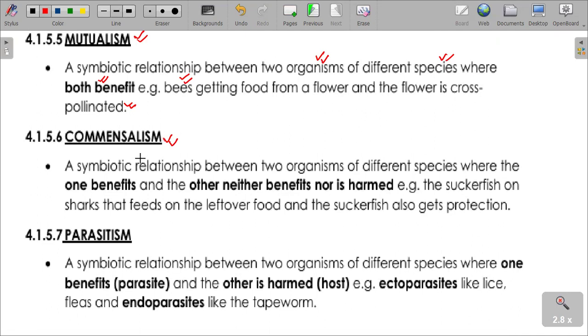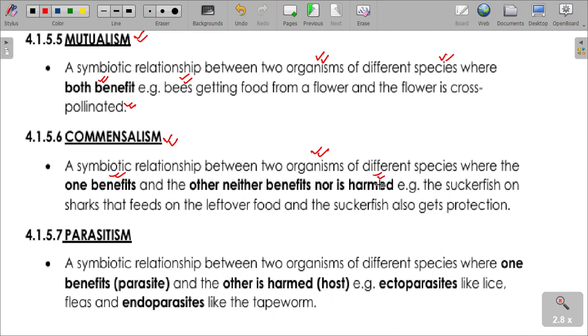There is no harm, one benefits, but the other does not benefit and also is not being harmed. So we call that commensalism.